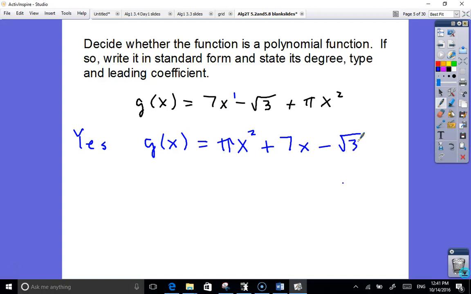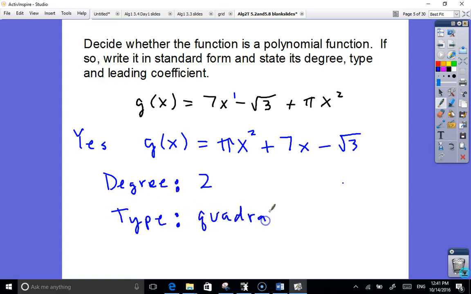Okay, now, what is the degree? That's the type. What is the degree? The degree is 2. The type is quadratic. And by leading coefficient, they mean what is the value of the coefficient of the highest power term.